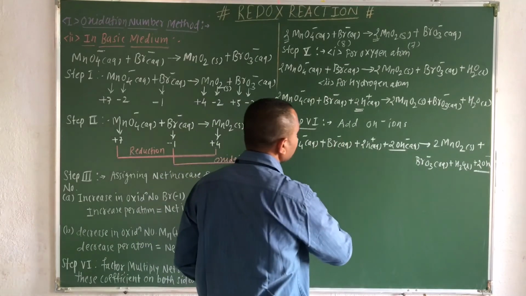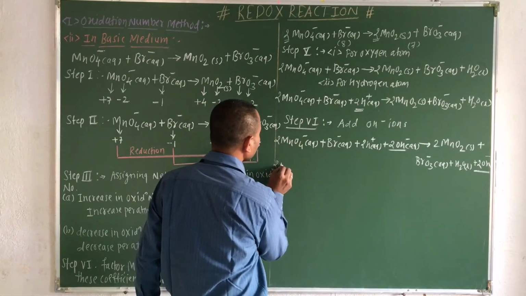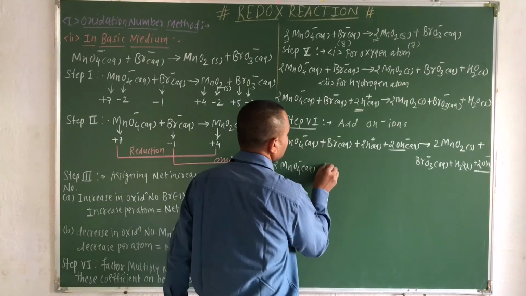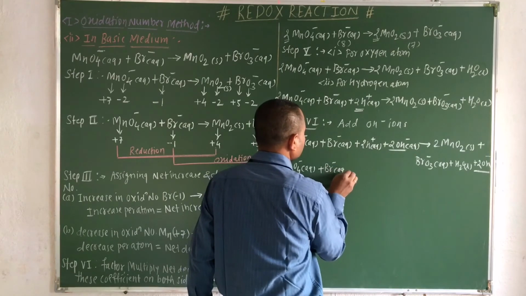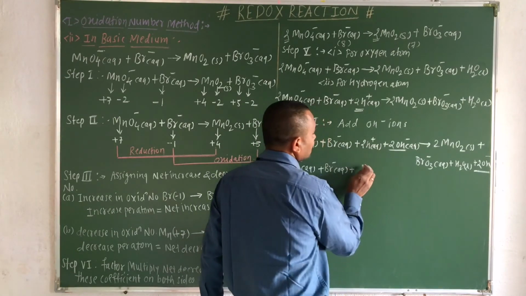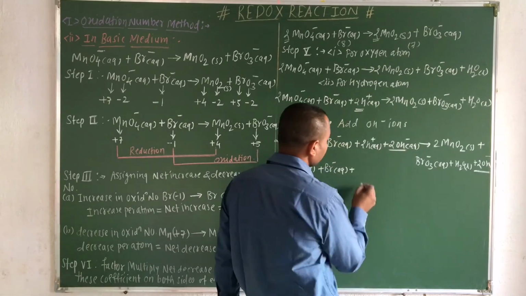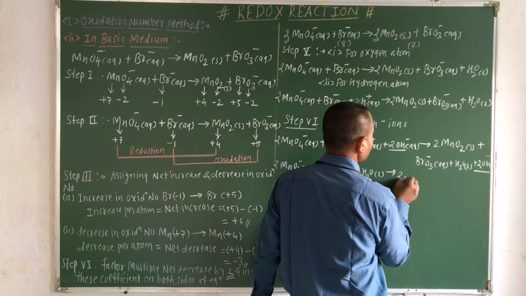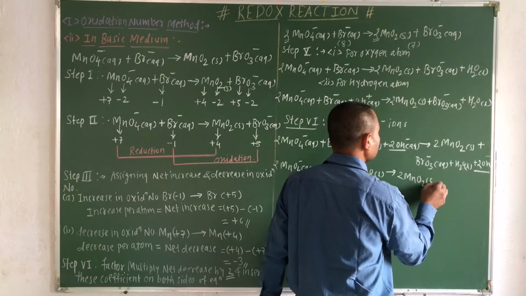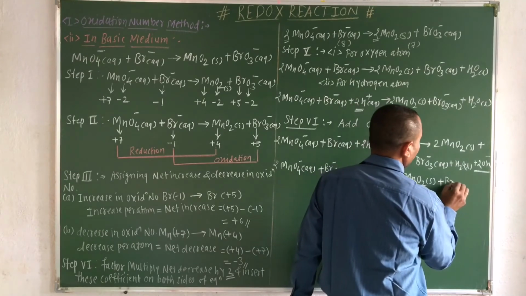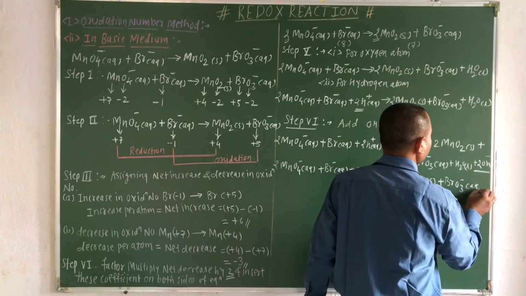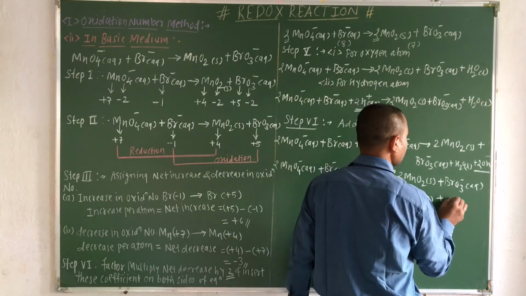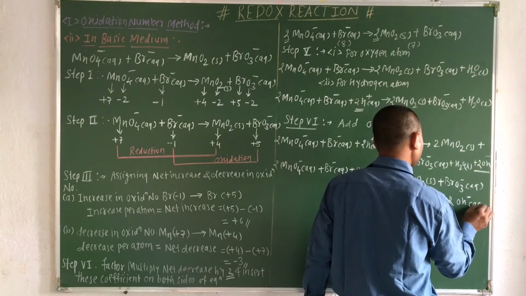So again we have to modify this equation, that is 2 MnO4 minus aqueous plus Br minus aqueous plus 2 H2O liquid gives 2 MnO2 solid plus BrO3 minus aqueous plus H2O liquid plus 2 OH minus aqueous.